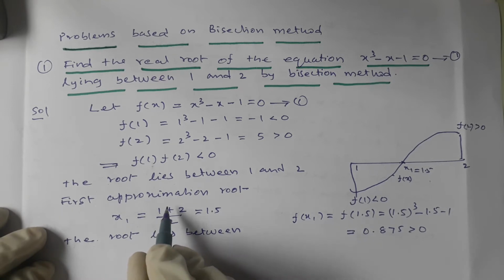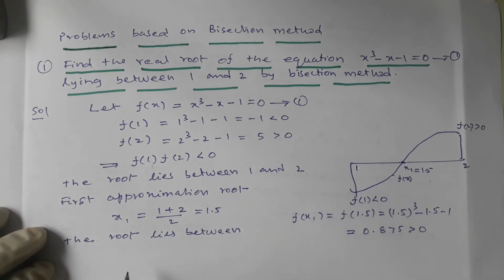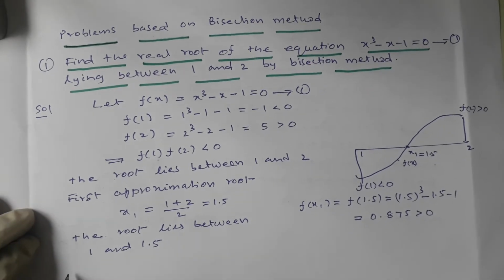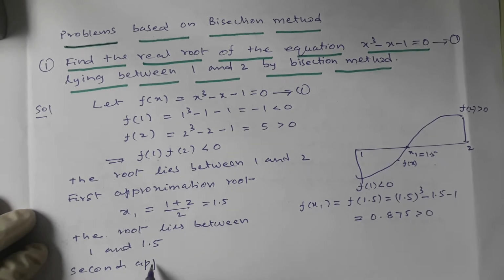If it is negative, the root lies between the middle value and the right side. Next, the second approximation root.